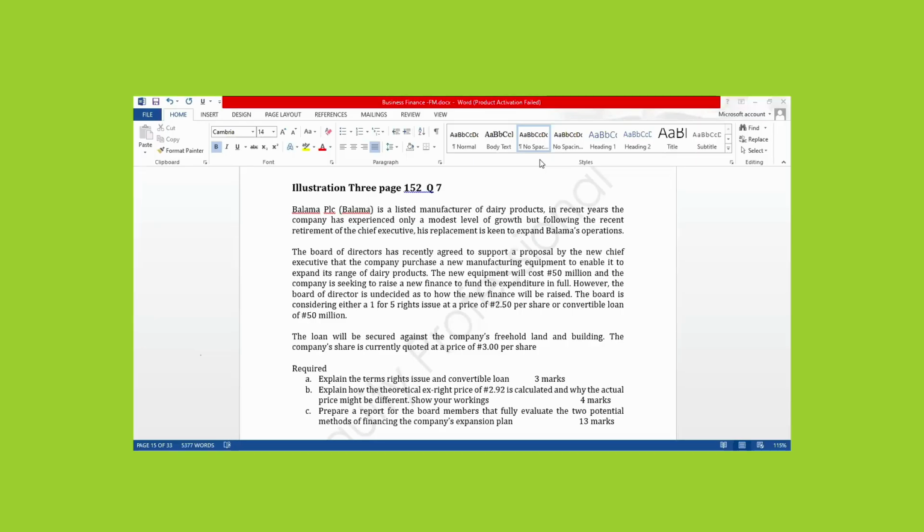And I said, rights issue is an equity source of finance. We now move to convertible loan. These are debt instruments that provide options to the debt holder to convert the debt to equity shares within a future period.